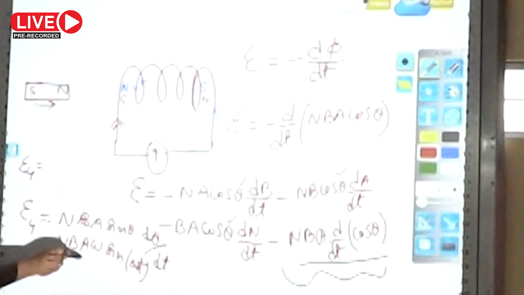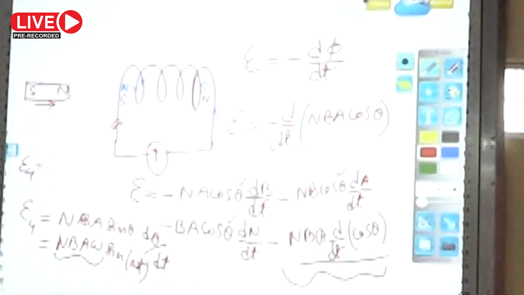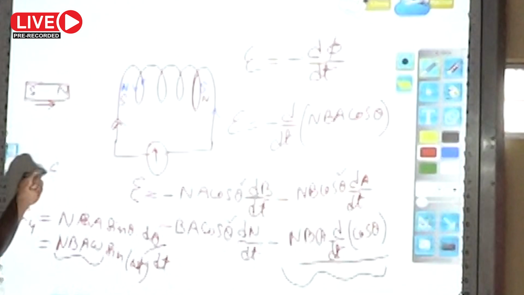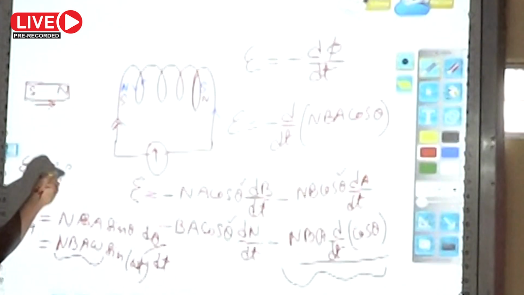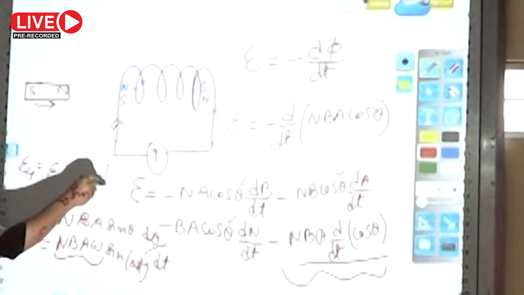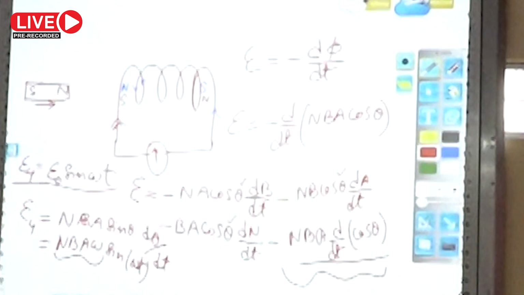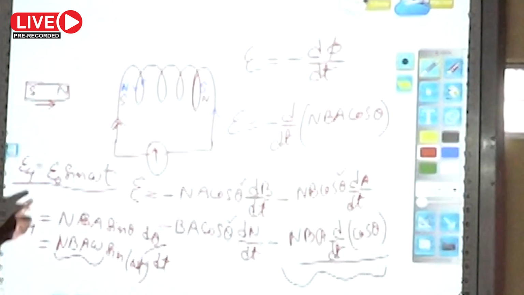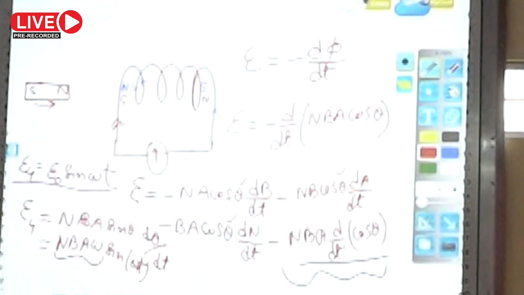I can consider NBA omega as the maximum value of this E4, because when sin theta gives 1, then it will give the maximum value. So the maximum value can be written as, suppose, E0. So it produces an EMF which is varying with time, sinusoidal. This E4 part is producing an EMF which is varying with time, sinusoidally.